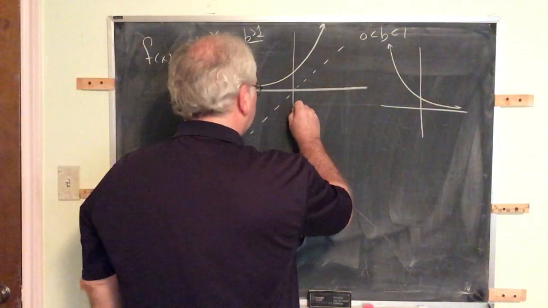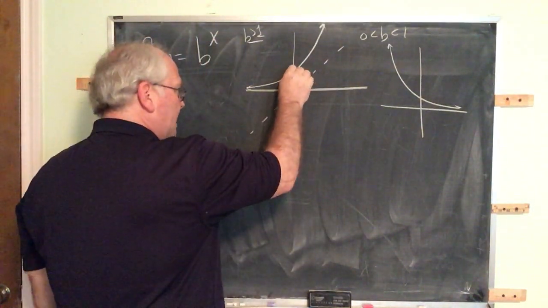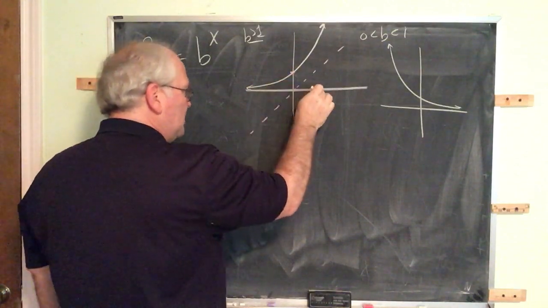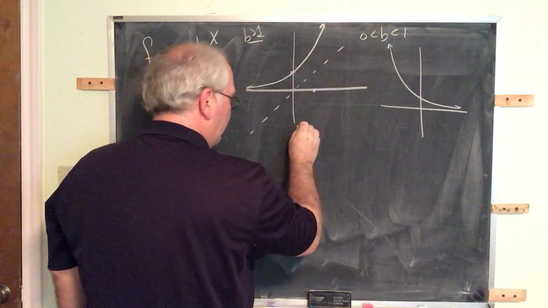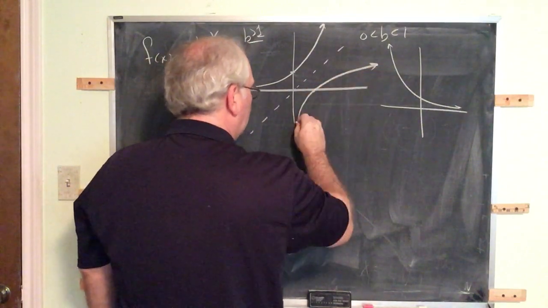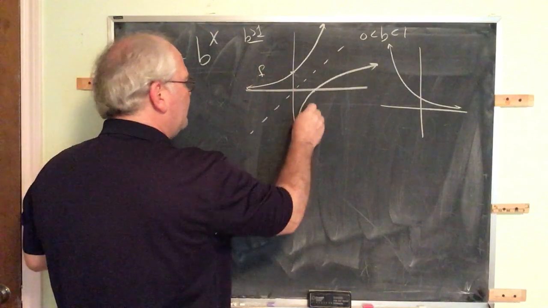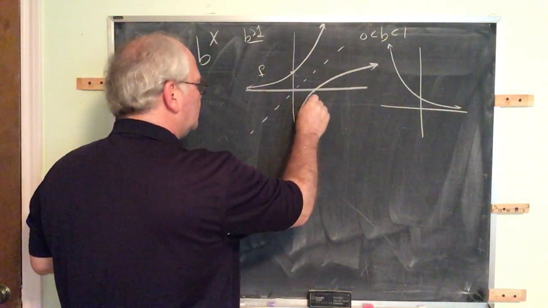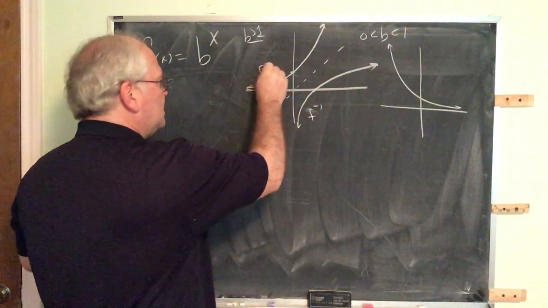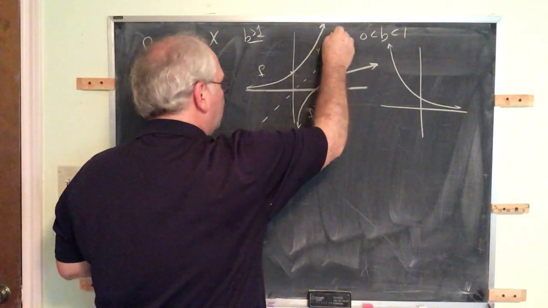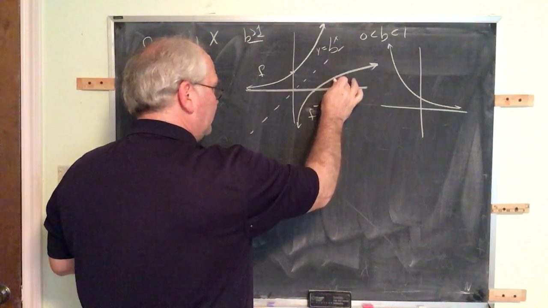And so, we know this passes through the y-axis at 0, 1. So that means 1, 0 must lie on this graph. And within the limits of my badly drawn picture, if this is f, this is the inverse. This is f of x equals, or we'll call this y is equal to b to the x. This is the inverse of that.